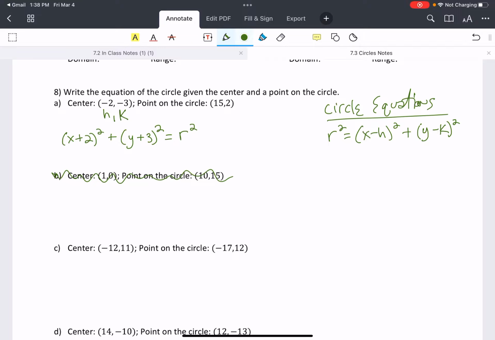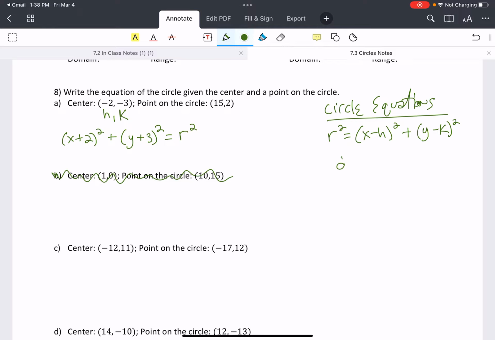But we're going to find it. So let's stop here. Anyone have questions about the setup I got so far on this equation? Okay. So remember, the radius is defined as the distance between the center and any point on the circle, right?